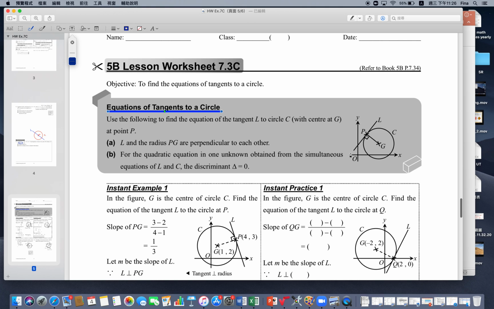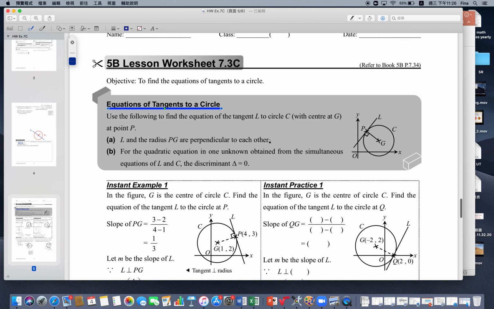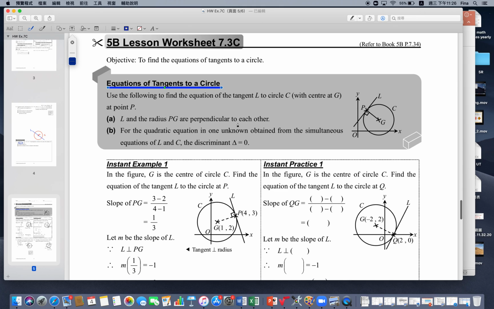Then the straight line L is called the tangent of the circle. Let's review some properties of the circle. Tangent is always perpendicular to the radius, that's why PG is always perpendicular to the straight line L. They are perpendicular to each other.